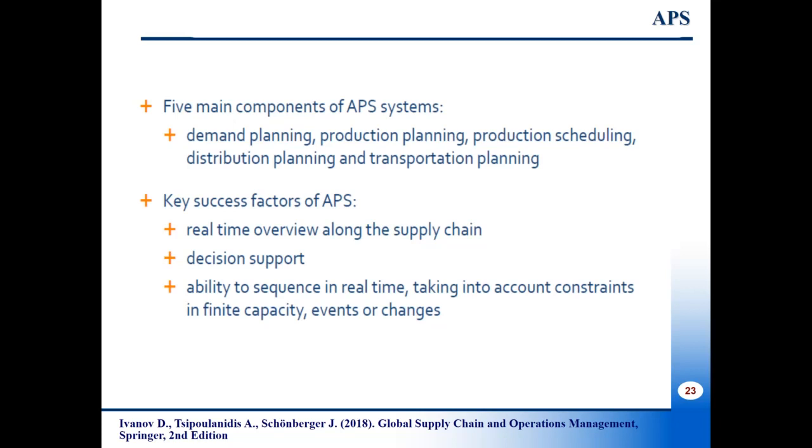Because, for instance, it is quite difficult to share demand information from retailer to wholesaler because of competition, and therefore there is a need to have trust across the supply chain and also cooperation to make APS work properly.